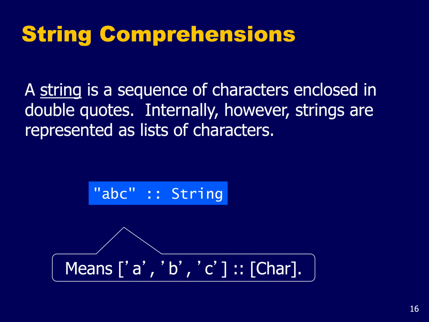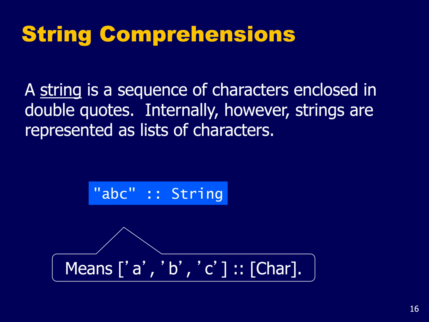So the last thing I want to do today, before we move on to some examples as usual, is look at the idea of string comprehensions. And this is a really simple idea. A string is just a sequence of characters enclosed in double quotes, but internally to Haskell, strings are actually lists of characters.